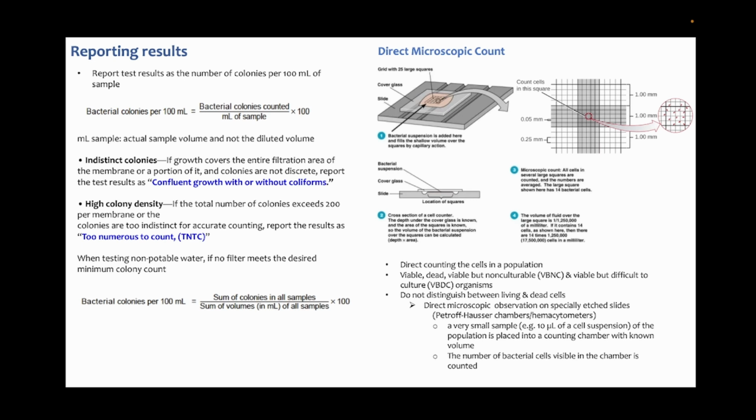So hemocytometer is direct counting or culture independent. So it's a culture independent approach to enumerating your bacteria. Because the methods that you've been using are all culture dependent. Right? You have to grow your bacteria before you can count them, enumerate them.